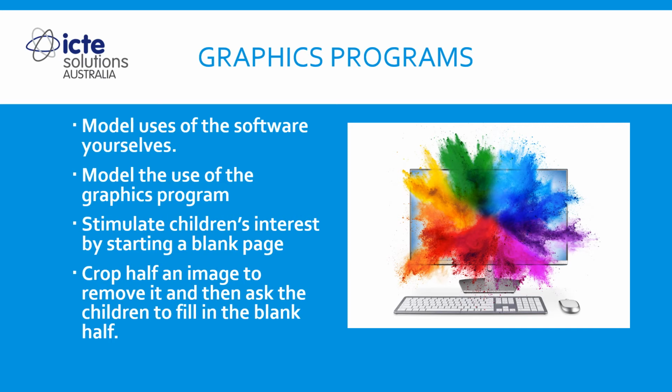You can also take a photo with a digital camera, or even copy a photo from Google image searches and get the children to paint over those. Another idea is to crop half an image to remove it, and then ask the children to fill in the blank half.